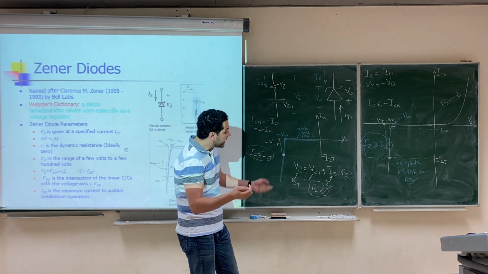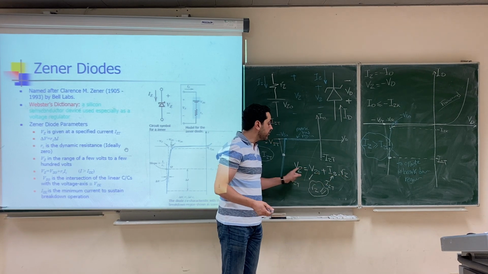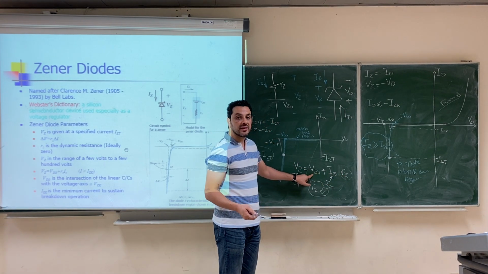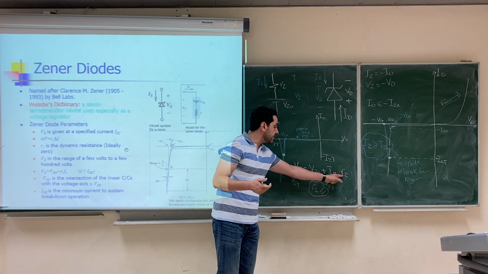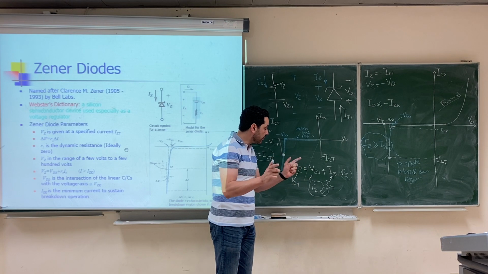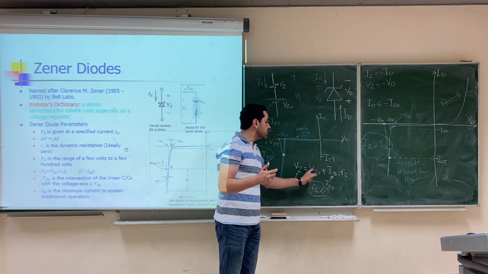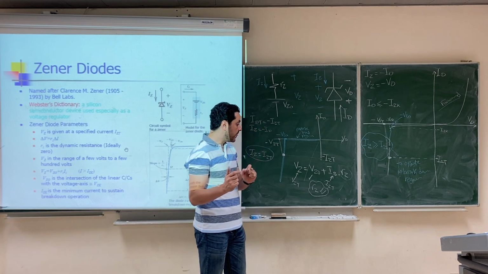Or I can give you the test point and R Zener, and from this equation you will be able to calculate VZO. So using one of them, one of RZ and VZO, in addition to the test point, you can calculate the other value. Okay?